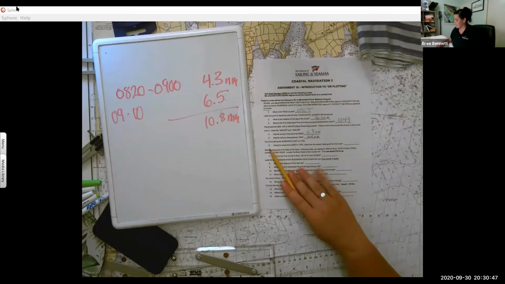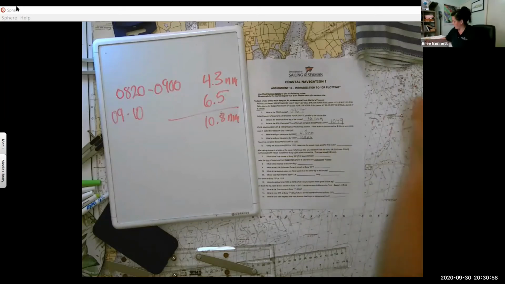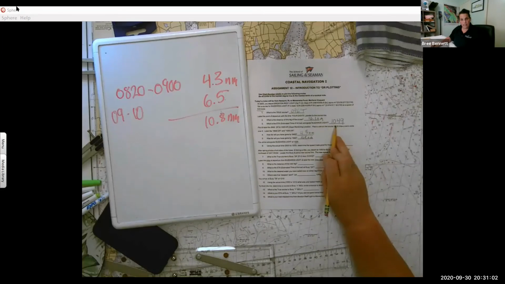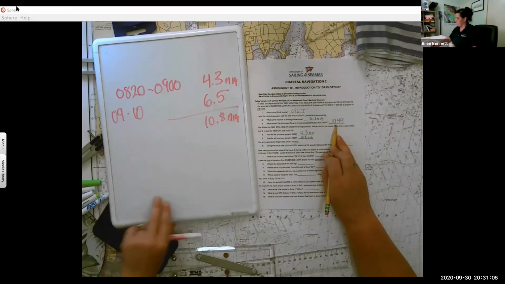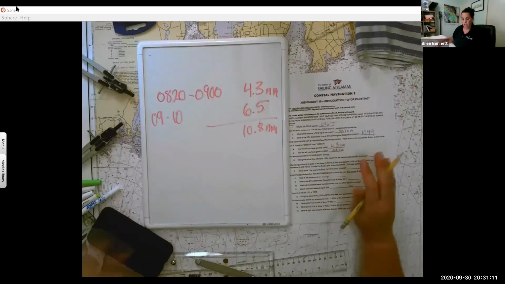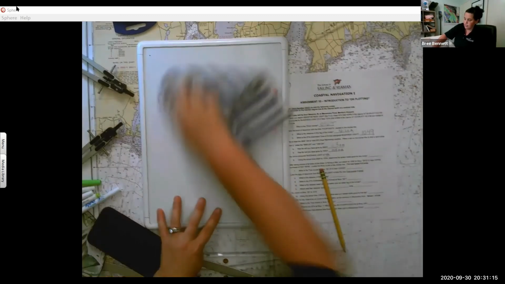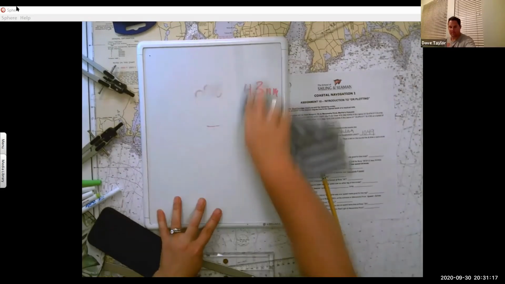Now it says you arrive along Buzzard's Light at 10:35. So we cruised along and we got here at 10:35. Now, when did we predict we would get there? 10:49. So by just looking at those two numbers, did I go faster or slower than I had predicted? Faster, right?